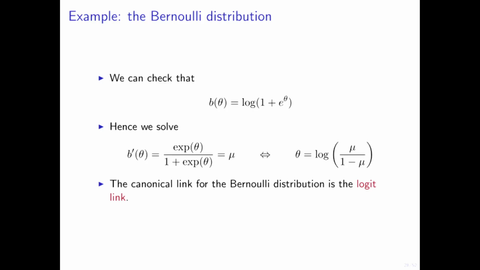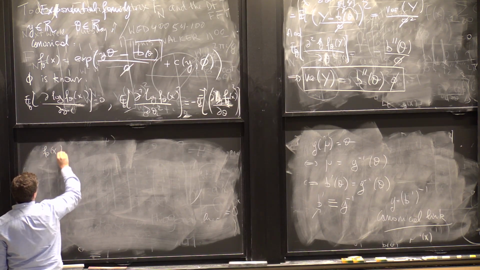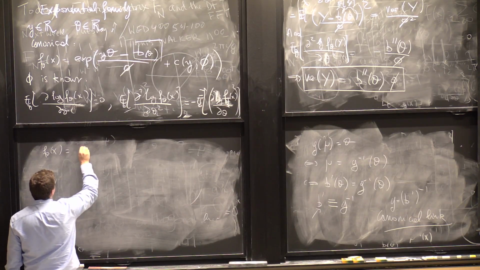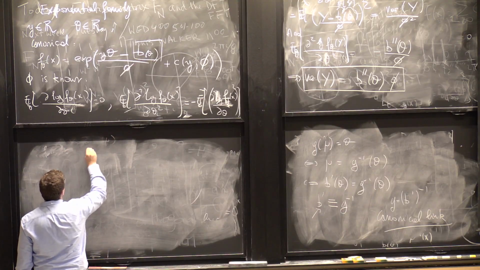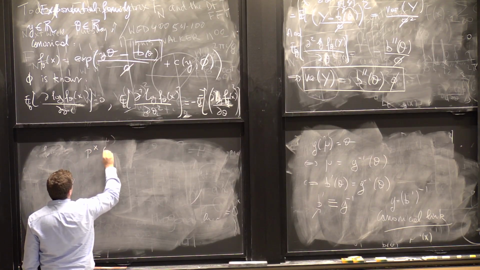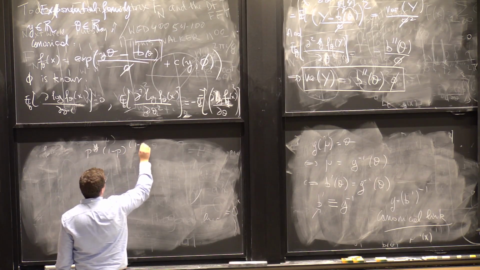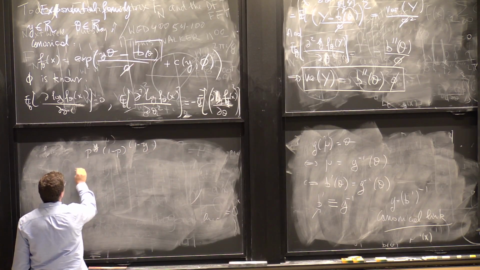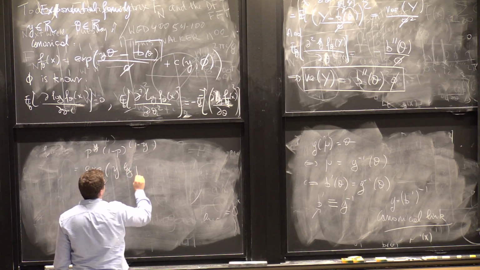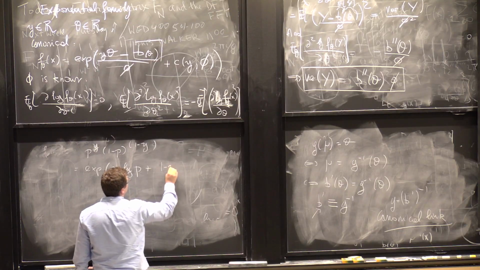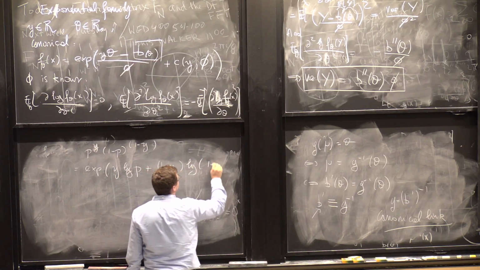So the PMF of the Bernoulli, f theta of y, is p to the y, 1 minus p to the 1 minus y, which I will write as exponential of y log p plus 1 minus y log 1 minus p.